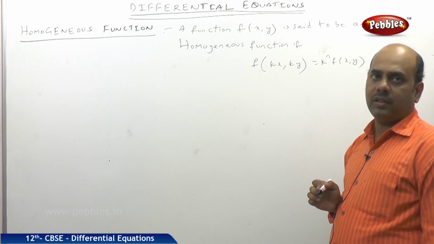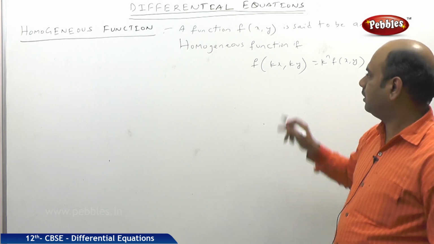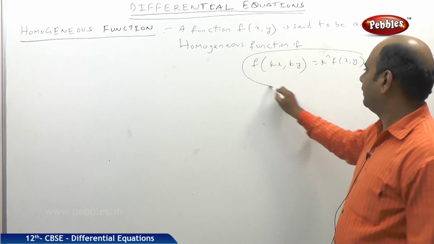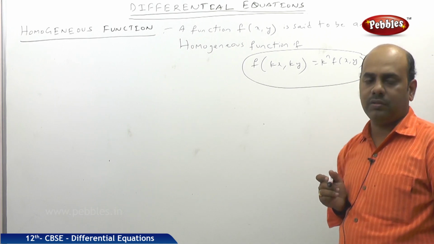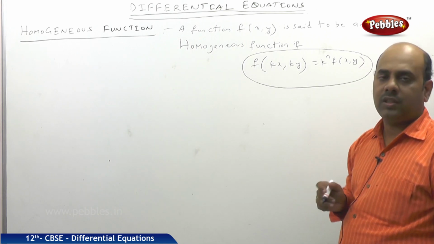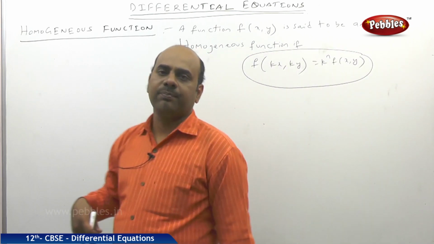That means in place of x if I substitute kx, and in place of y I substitute ky, and I get the final output f of kx comma ky equal to k power n into f of x comma y, then this kind of function we call a homogeneous function.